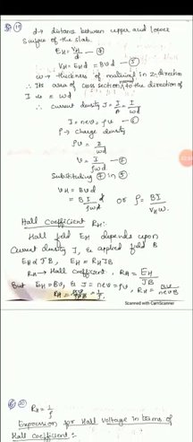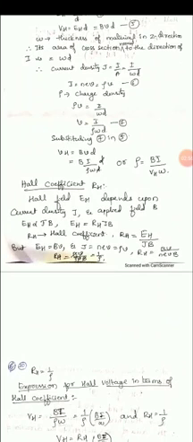So current density J is equal to I divided by A, that is I divided by W D. Substituting, J is equal to N e V, that is rho V. Rho is the charge density. So rho V is equal to I divided by W D, or V is equal to I divided by rho W D.